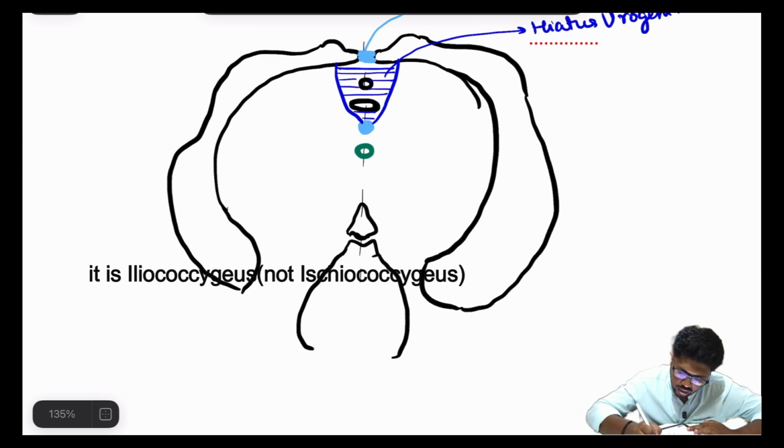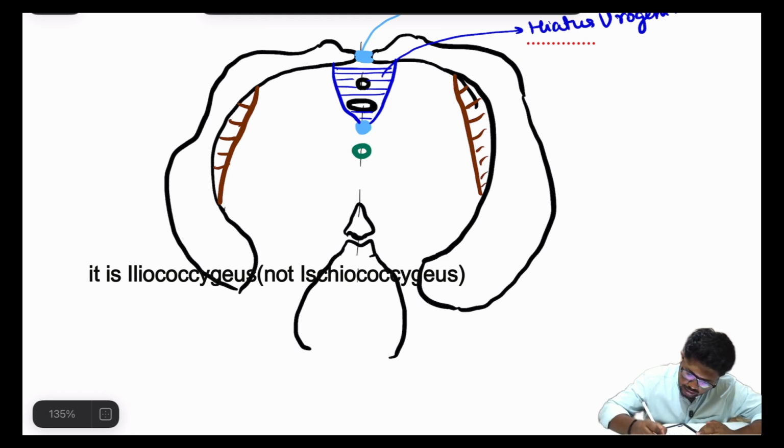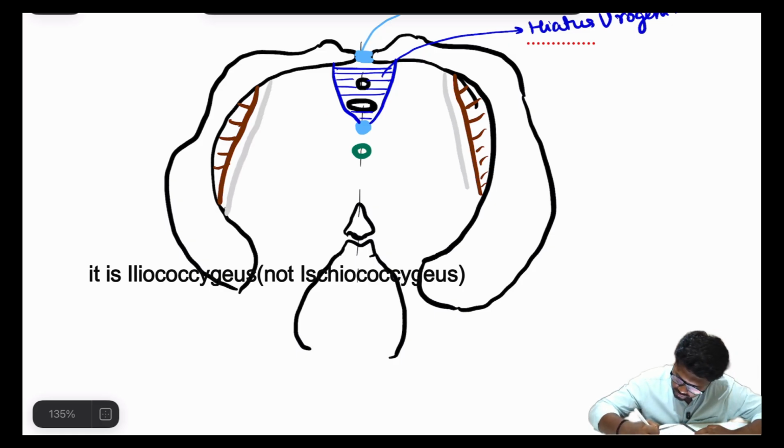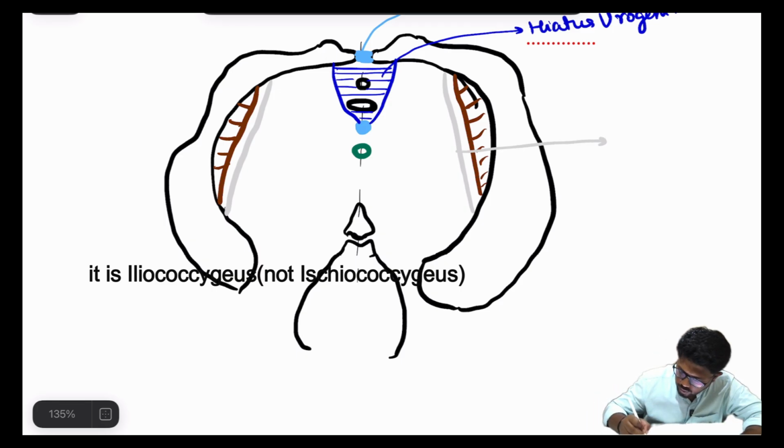One more muscle will be drawn here. This is obturator internus muscle, and this obturator internus muscle will be covered by obturator fascia. At the lower end of the obturator fascia, there will be attachment of tendinous arch or the white line of pelvic fascia. So this is what? White line.